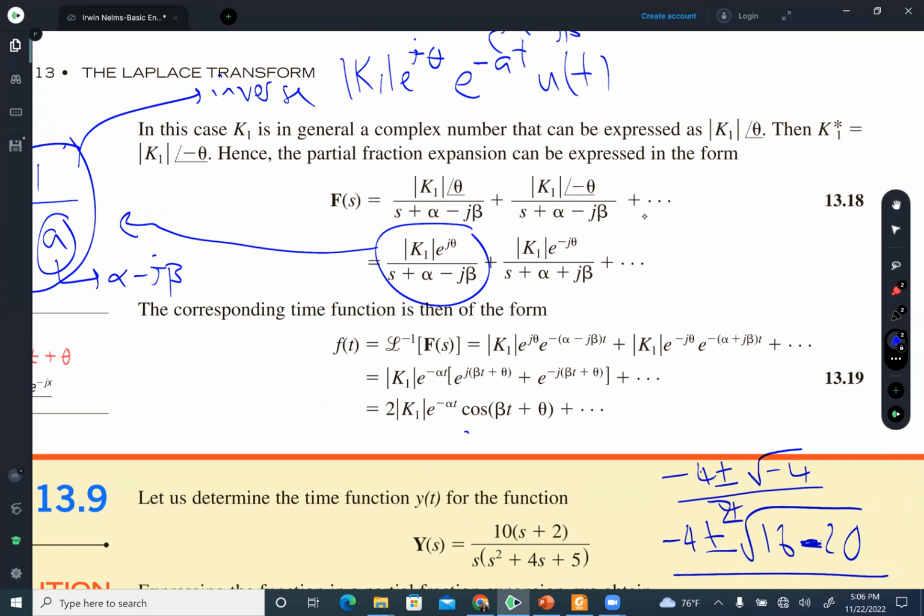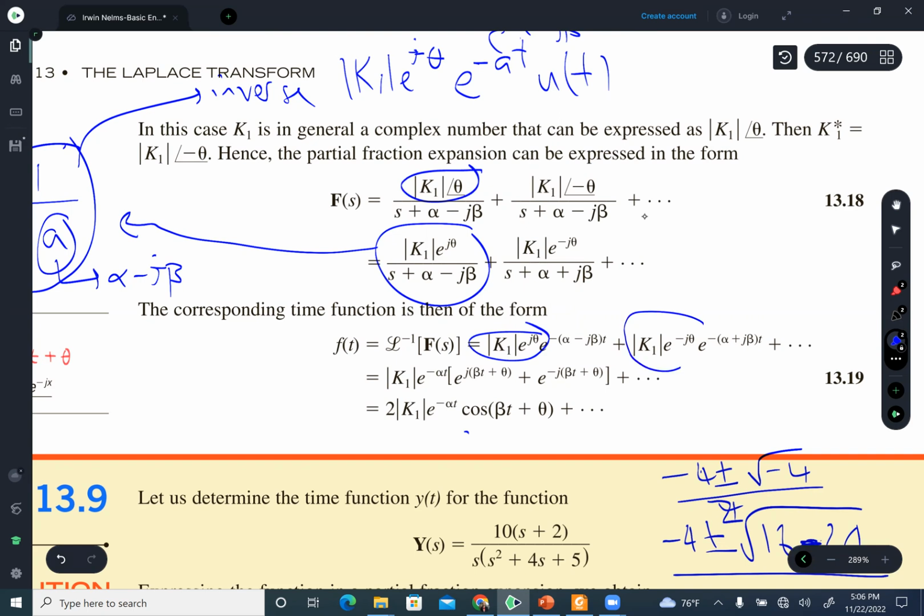So you're basically going to get the constant that you're multiplying, instead of being this guy, which matches that one, now the constant you're going to multiply is going to be this guy, which has a minus theta, which matches that one, right?